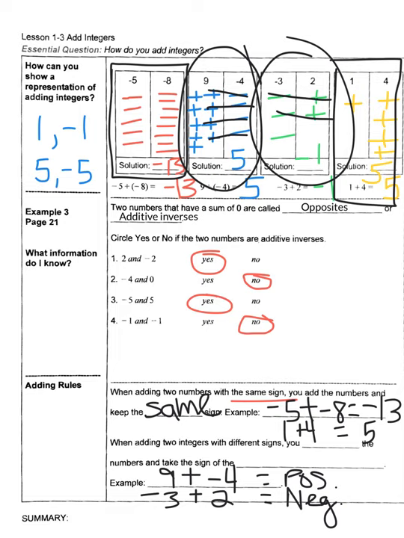When we are adding these two integers, we can type in our word here. We do want to find, when adding two integers with different signs, you find the difference of the numbers and take the sign of the bigger.